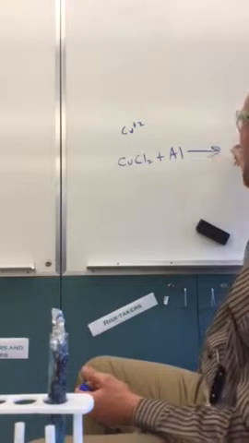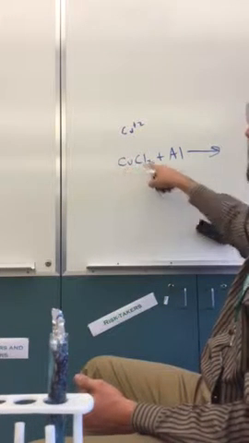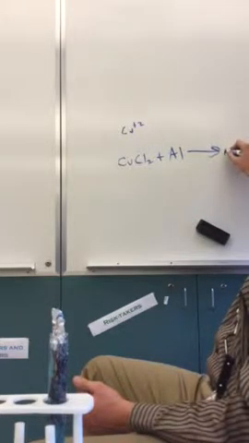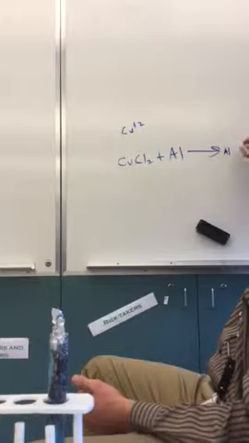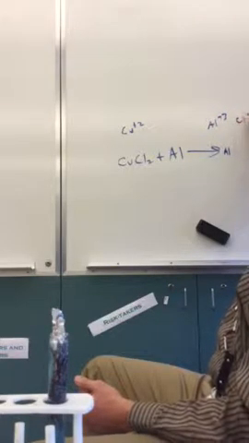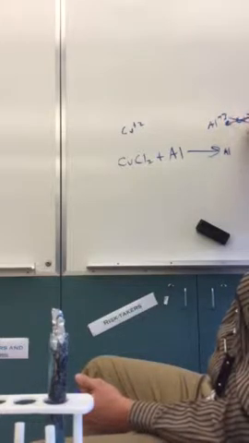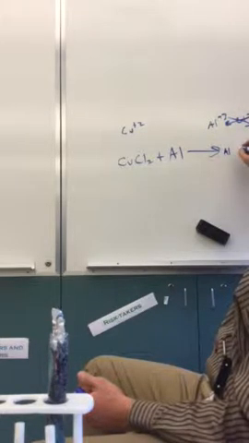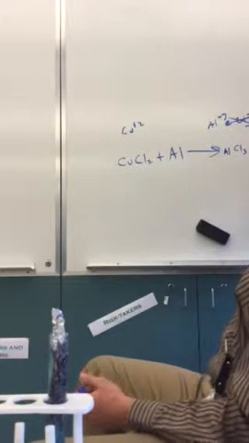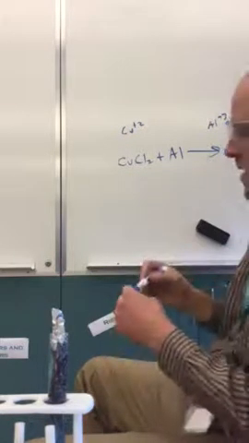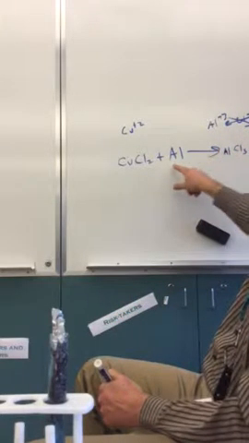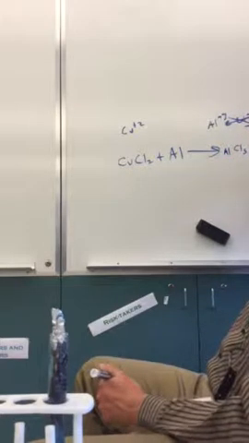So what's actually going to happen is this copper is going to grab the electrons away from aluminum, giving us aluminum chloride, and we know that aluminum has a charge of plus 3, chlorine is minus 1, so this has to be AlCl3 plus copper metal. So the aluminum has just been oxidized because it's lost electrons. The copper has just been reduced because it's gained electrons.